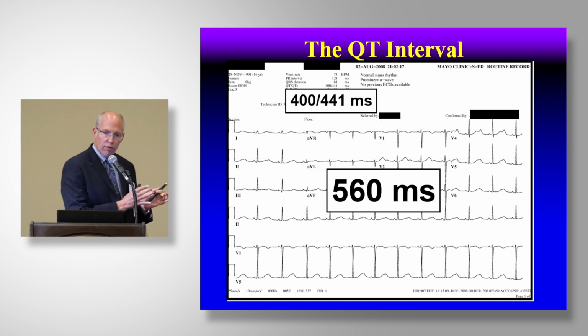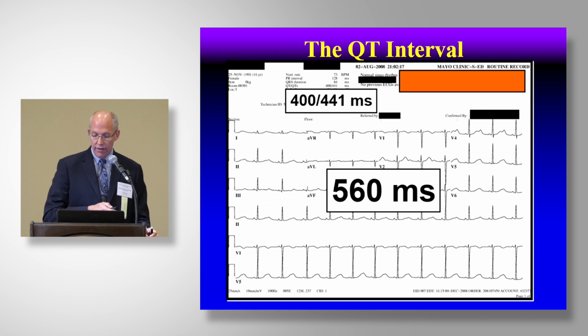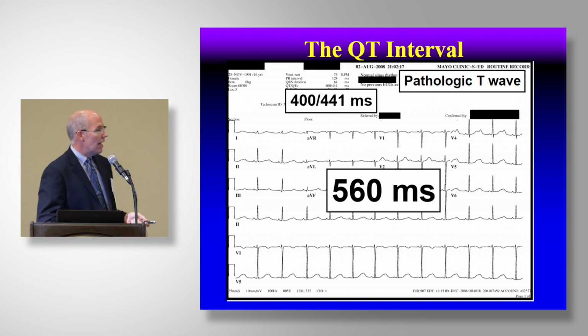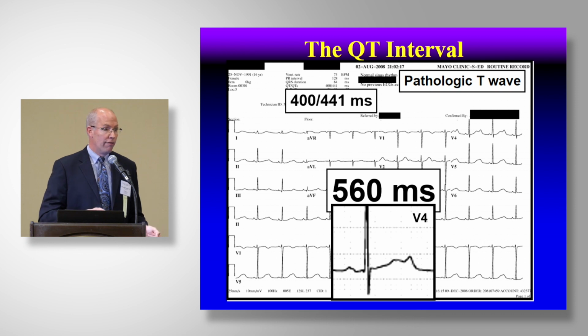It got the length of repolarization wrong, and it got the look of repolarization wrong, because that's not a prominent U wave, is it? That's a pathologic T wave. Those are pathologic notched T waves out there in V4. If you can't see that, that's what I'm talking about. That's not a U wave.